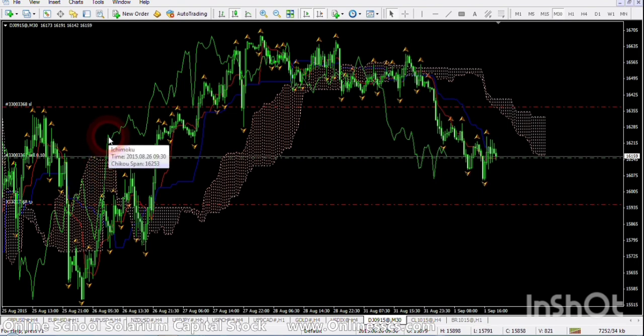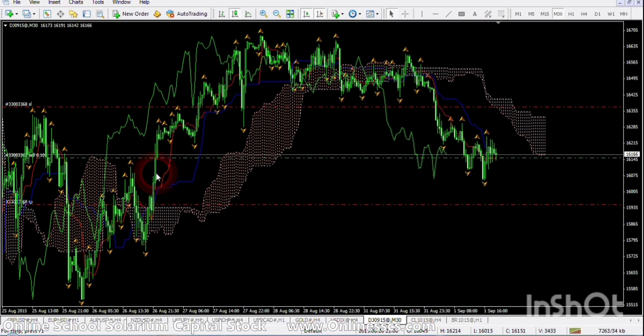And the two candles are above the cloud. The two red and blue lines are above the cloud. I wait for a confirmation.